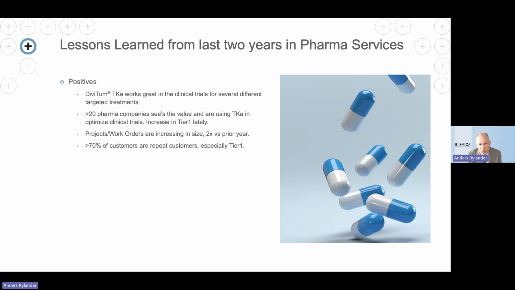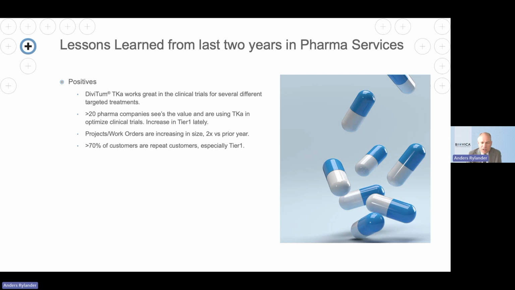We have more than 20 pharma companies that are using DiviTum for this purpose.